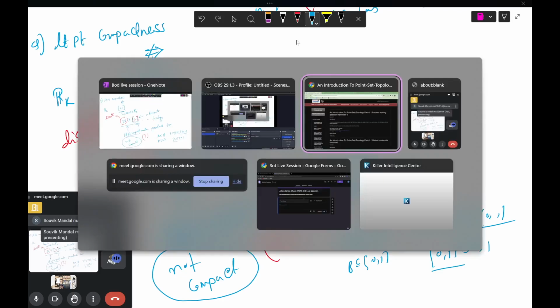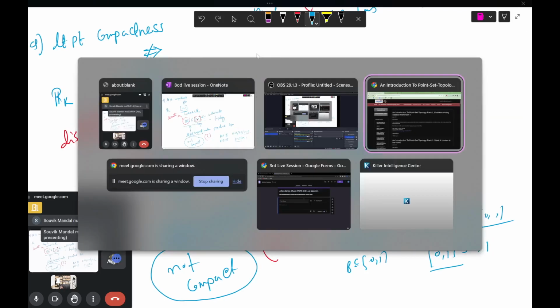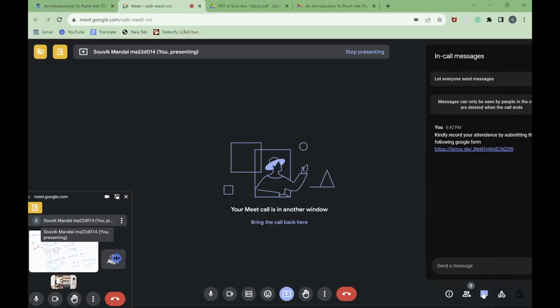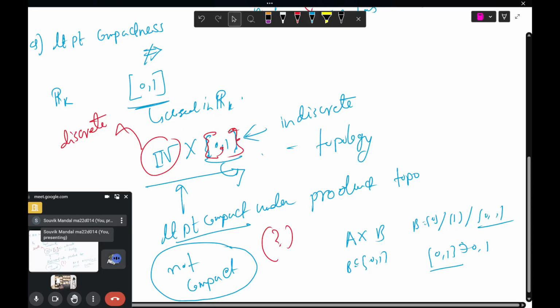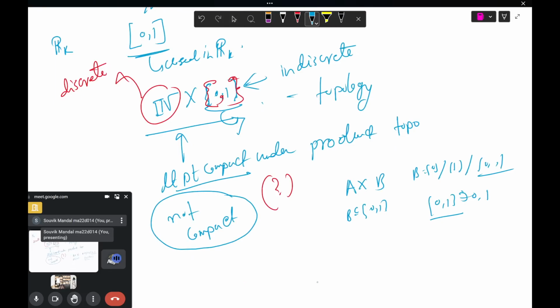Sir, if we take a cover for this space, for N it will be all the subsets of N, and for {0, 1} itself, the whole space. So if it has a finite subcover, No, no, yes. Can you repeat the cover? Which cover is it?